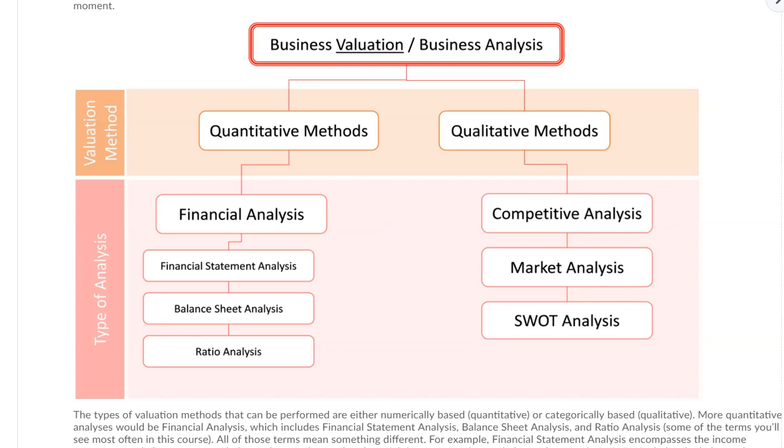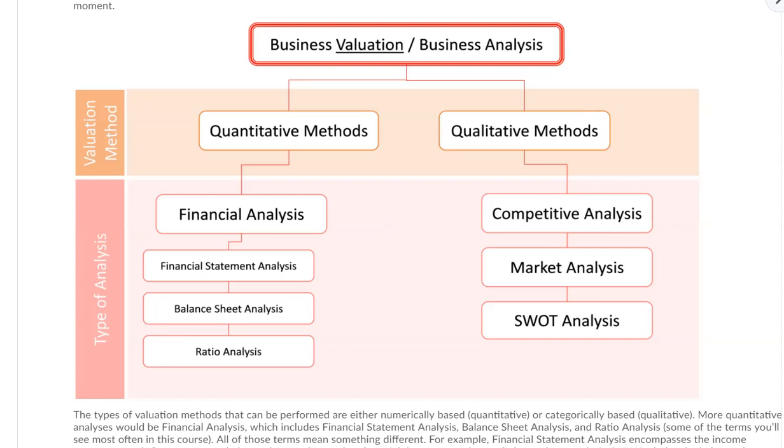Quantitative is going to be, of course, your numbers. It's going to be general financial analysis, financial statement analysis, which includes income statement, cash flow statement, or your balance sheet analysis, and then, of course, ratio analysis, which takes numbers within those financial statements, and you compute different ratios with those and use those to interpret the company and its health.